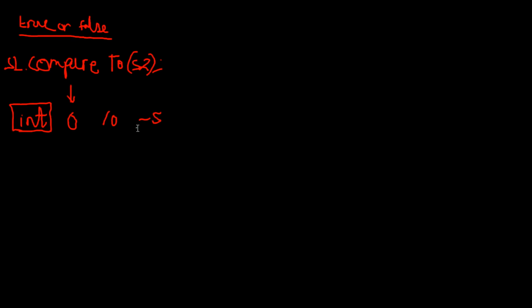So if it returns a 0, you need to take it that both the strings are equal. They are equal, exactly equal. When it is anything else, that means that they are unequal, of course. But this function gives you further information regarding which one comes first.